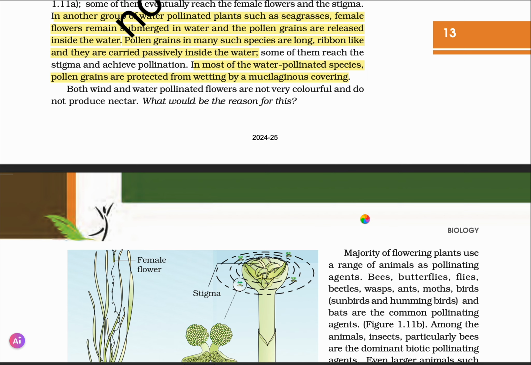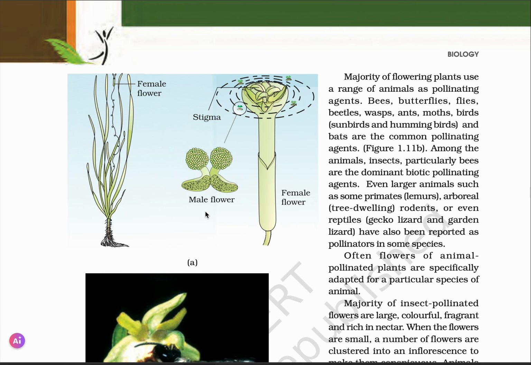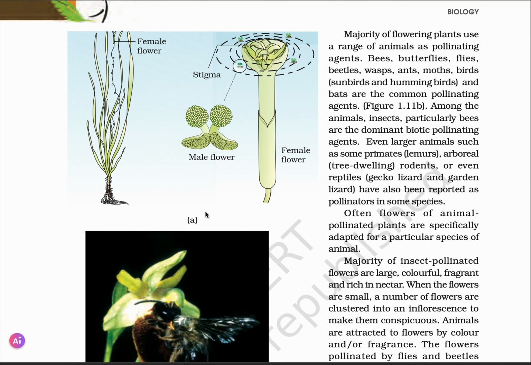Then the majority of flowering plants use a range of animals for pollination. Examples: bees, butterflies, flies, beetles, wasps, ants, moths, birds, etc. Among the animal insects, particularly bees are very important pollinating agents.